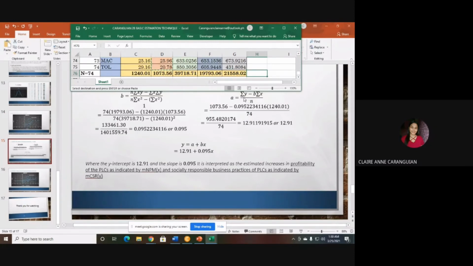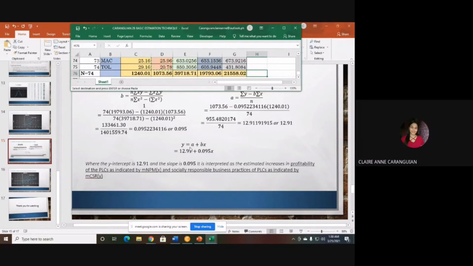So substitution, summation of y, which is 1073.56 less b, which is 0.0952234119 multiply by summation of x, which is 1240.01 all over the number of sample. So the answer will be 12.91191915 or 12.91.